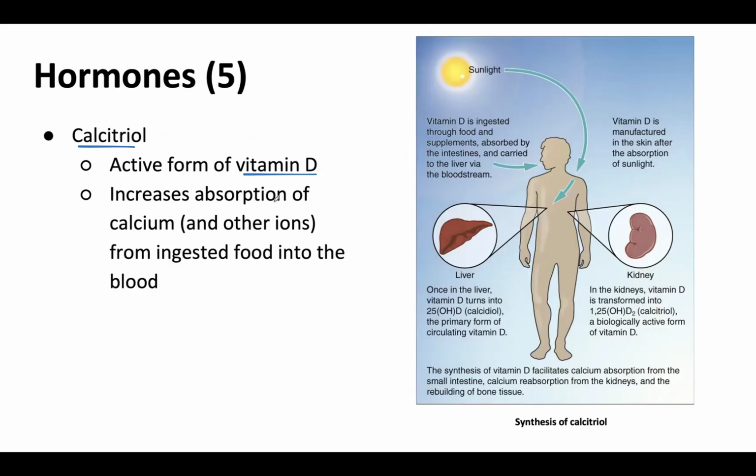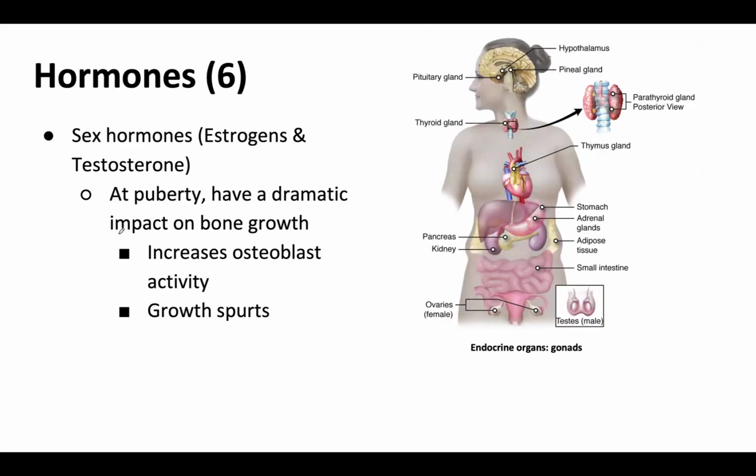And so the synthesis of vitamin D facilitates calcium absorption from food in the GI tract into the blood, and that can help in terms of rebuilding of bone tissue if necessary. Lastly, we have the sex hormones, primarily estrogens and testosterone.